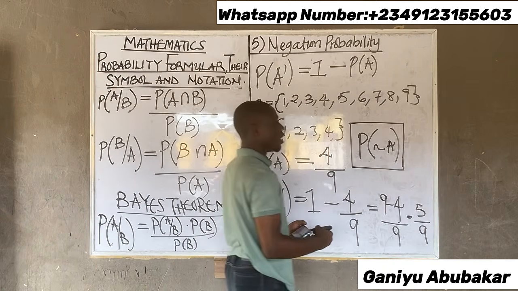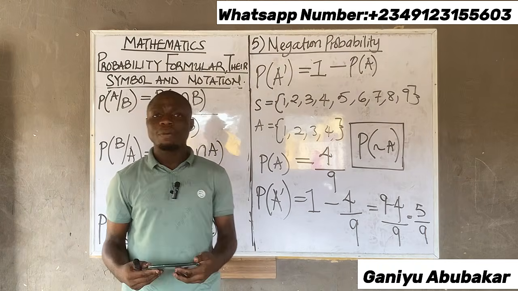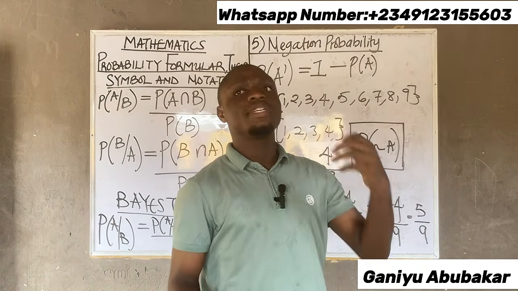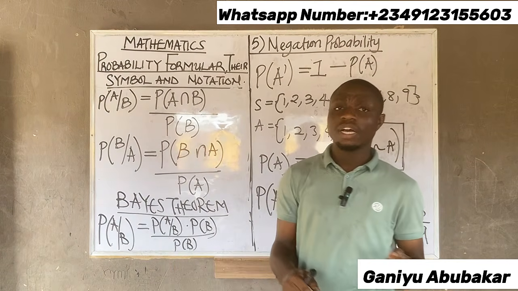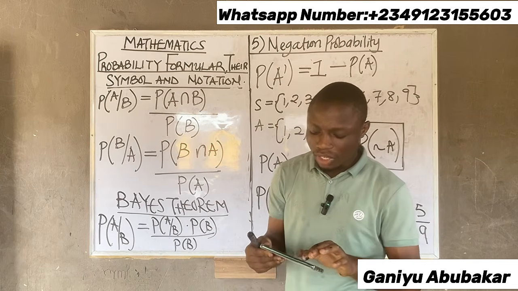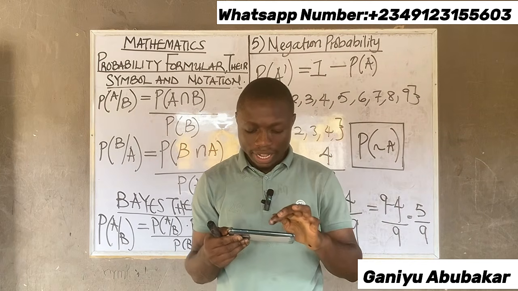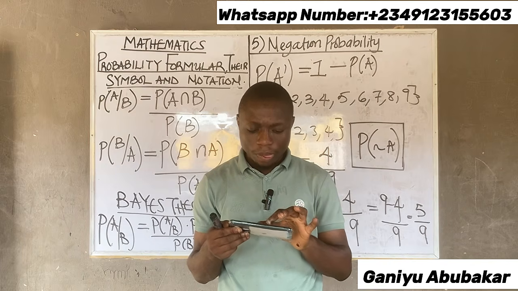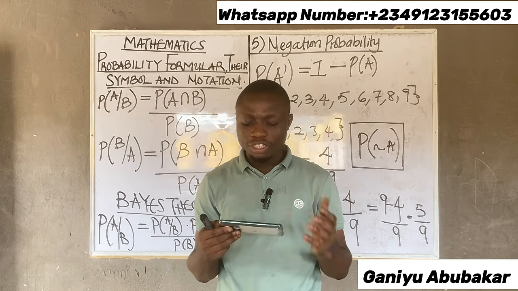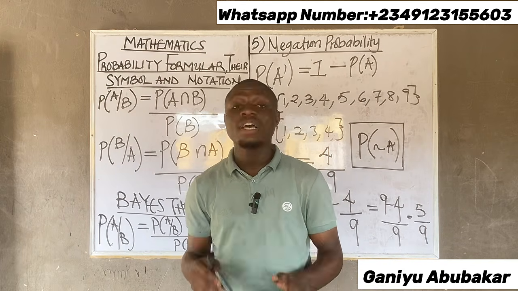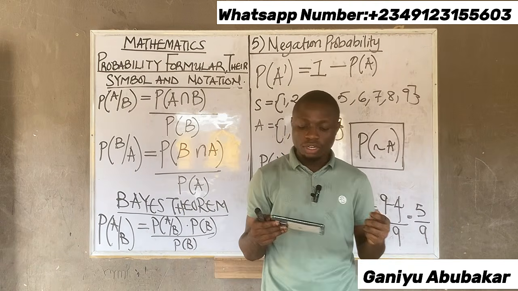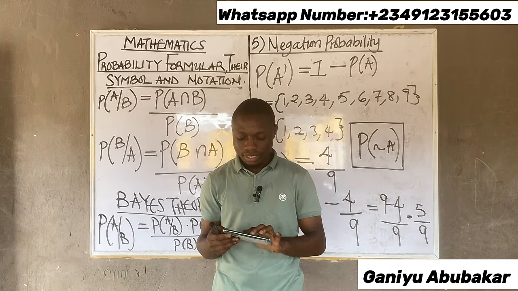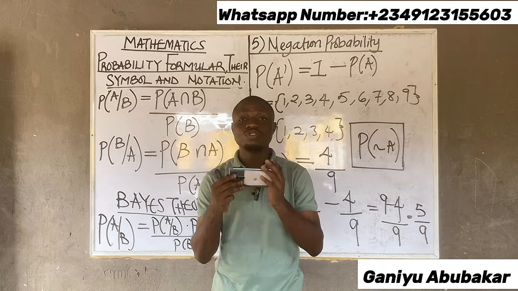So this is the concept behind the probability formulas, the symbols and their notation, as we have discussed earlier. In our next class, we'll be looking at probability of complementary events and sample space.